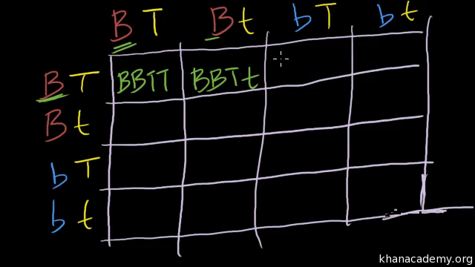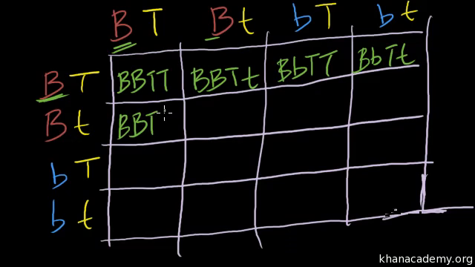So I could get a capital B and a lowercase b with a capital T and a capital T, a big B, lowercase b, capital T, lowercase t. And I'm just going to go through these super fast. It's going to take forever. So capital B from here, capital B from there, capital T, lowercase t from here, capital B from each, and then lowercase t from each.